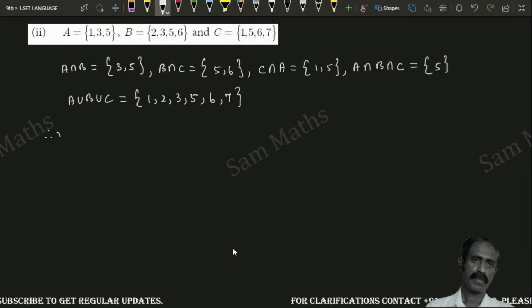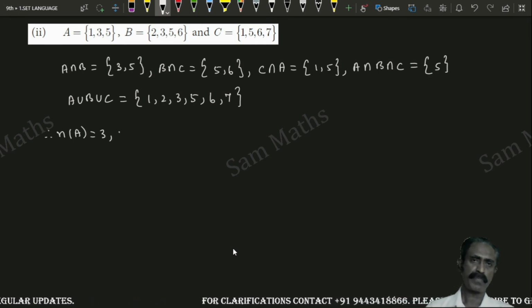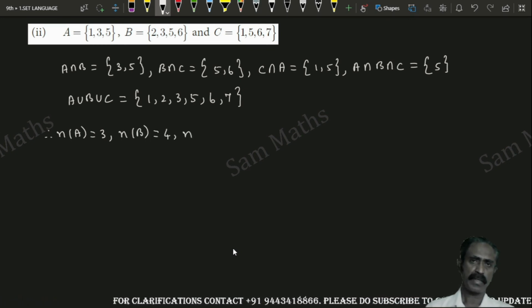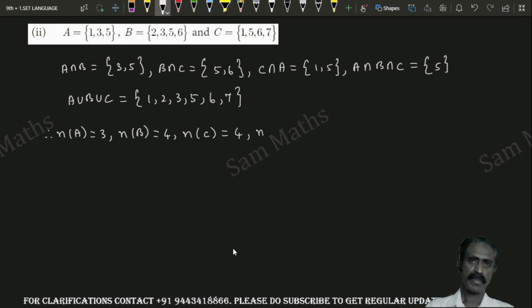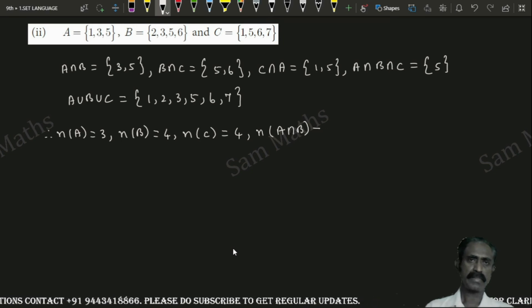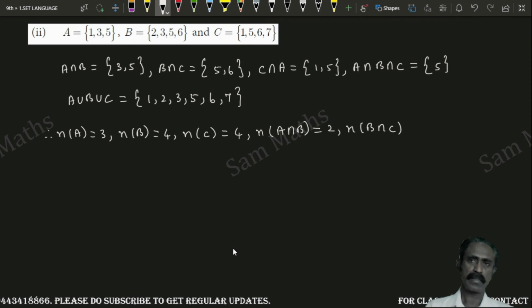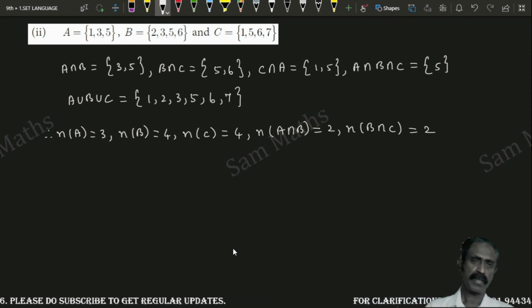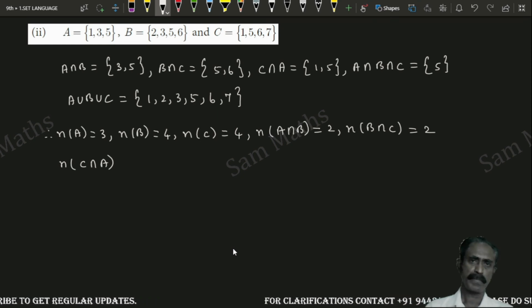Therefore, n of A is equal to 3, n of B it's 4, n of C it's 4. Now n of A intersection B is equal to 2, n of B intersection C it's 2, n of C intersection A that is also 2.